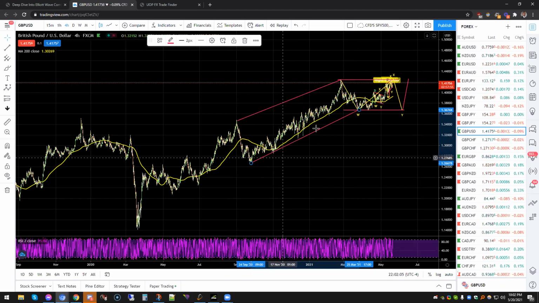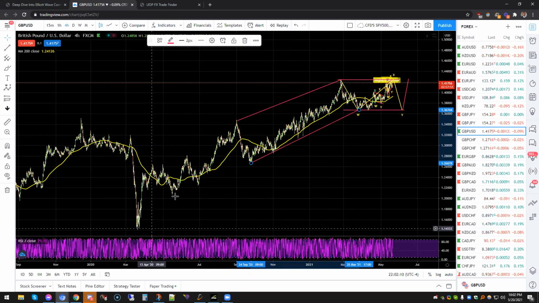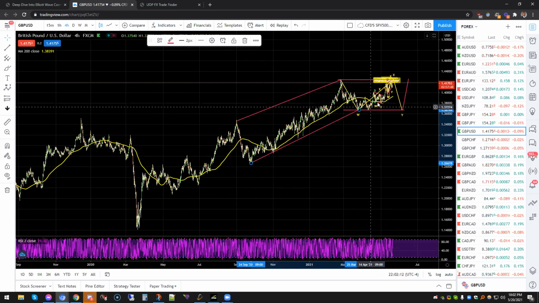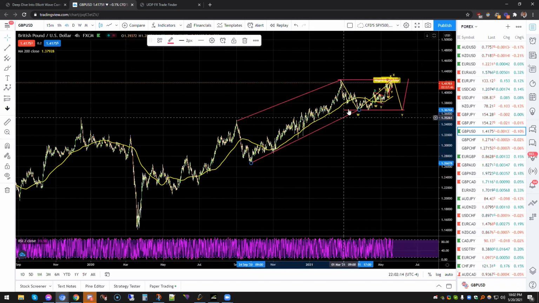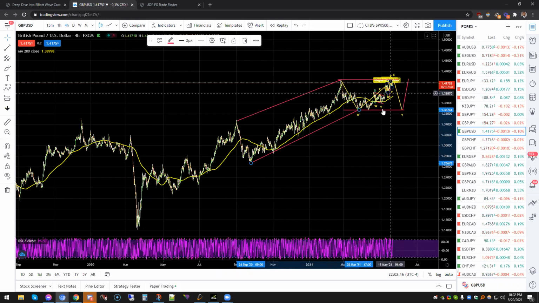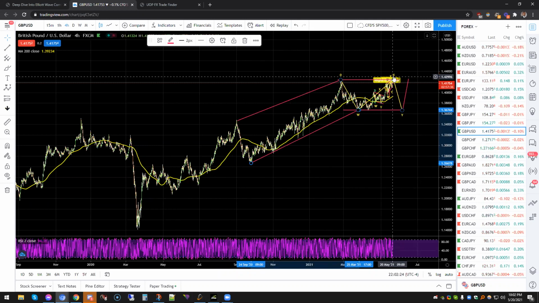And I can say this is just a big running flat formation. Okay? And if this is just a big running flat formation, then this wave could be the one that's repeating itself here. Because it's coming so weak, this could typically just be a truncated wave that's coming. So if this is going to be a truncated wave, we will start making a bigger move to the downside.